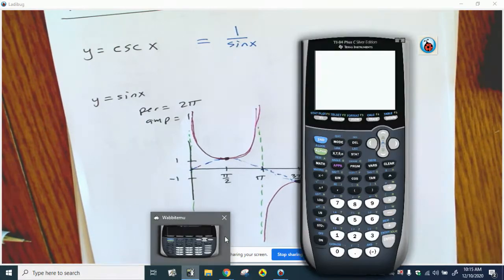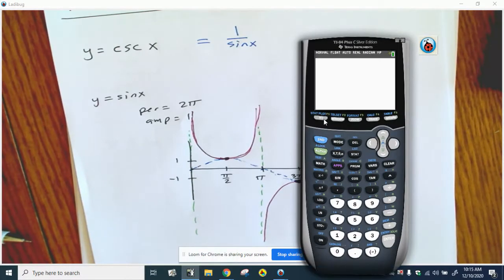If we do a real quick graph of 1 divided by sine of x, that's the only way to type in a cosecant graph, and do a quick zoom to a zoom trig window, which is number 7, you'll see that this cosecant graph just looks like a U shape going up, a U shape going down, over and over and over.